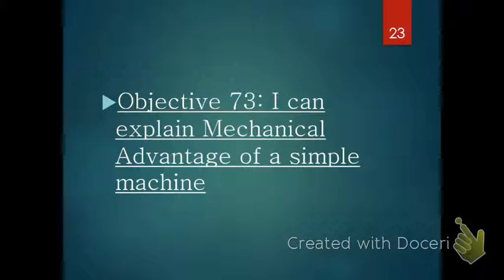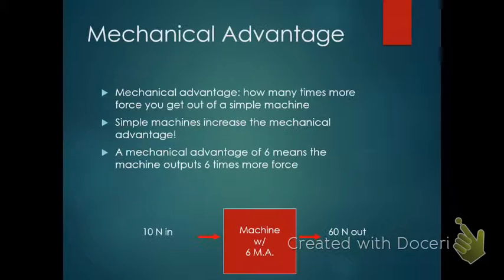All right, our next objective is to be able to explain the mechanical advantage of a simple machine. Okay, mechanical advantage is how many times more force you can get out of a simple machine, all right?